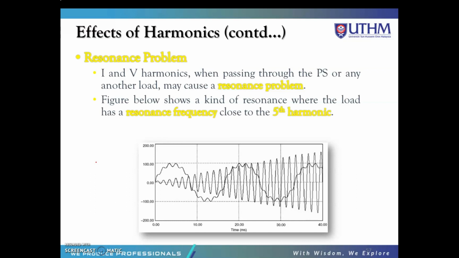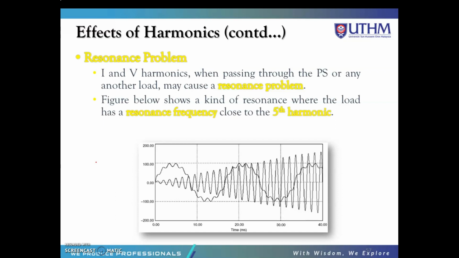And then the resonance problem. Current and voltage harmonics passing through the power system or any other load may cause resonance problems. Resonance is a physical effect in which several elements with specific values interact with each other, oscillating and amplifying a particular frequency.